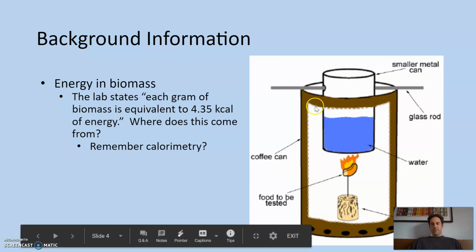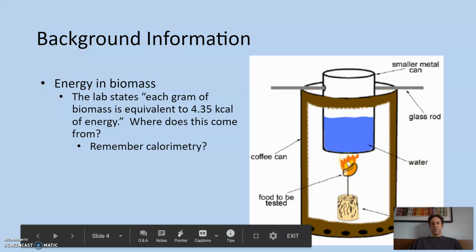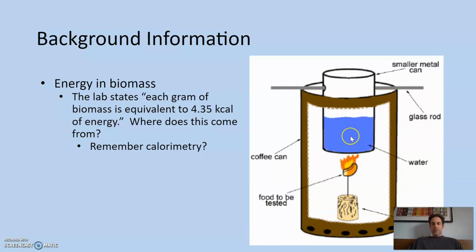And you do this in some sort of insulating container to keep that heat contained as much as possible. So as you burn that Cheeto, that energy released goes into the water and raises its temperature. And then by measuring the temperature change, you can see how much energy that water absorbed, and therefore how much energy came out of the Cheeto when you burned it.